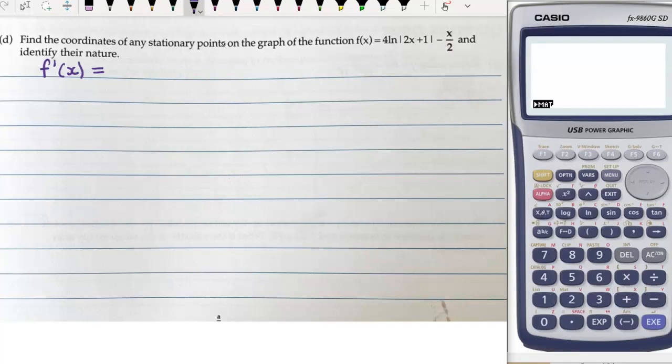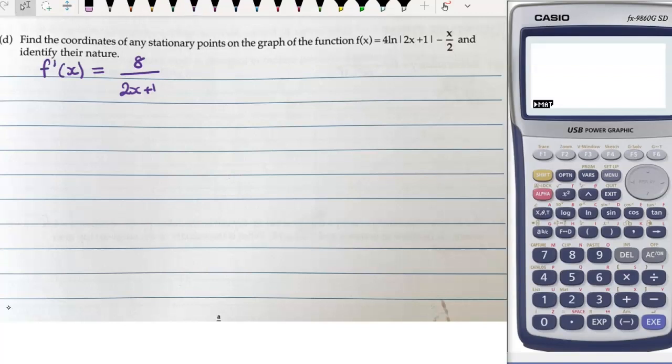Now that 4 log of 2x plus 1 is going to be a chain rule, so the natural log differentiates to be 1 over 2x plus 1. It gets times by the 4 because of that 4 at the front, and it also gets times by the 2 that's on the inside, so the derivative of the inside there. So that becomes 8 over 2x plus 1.